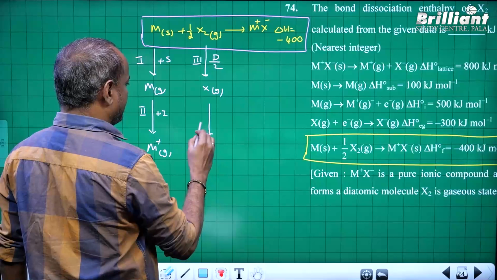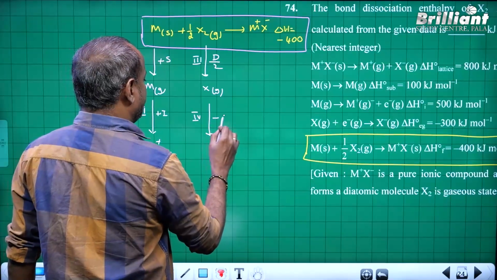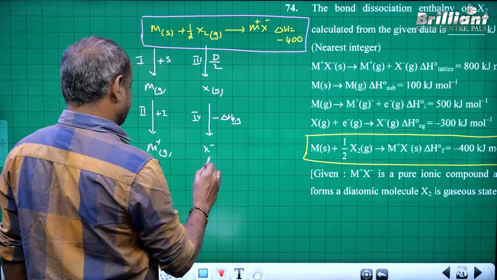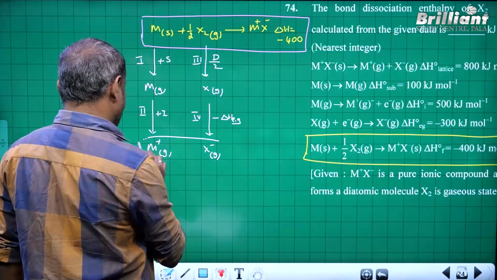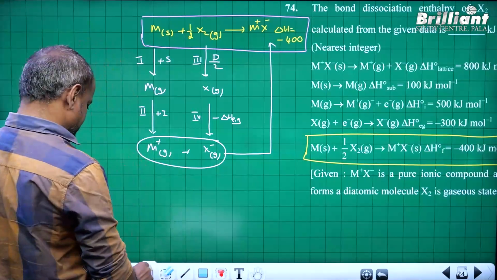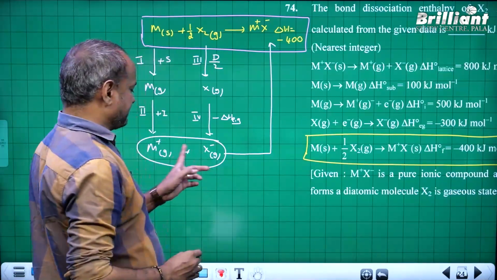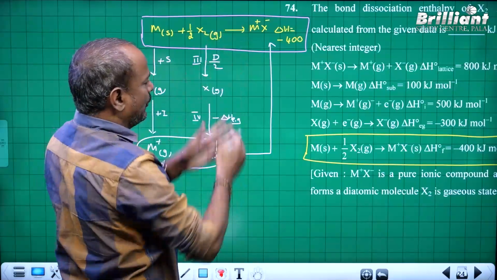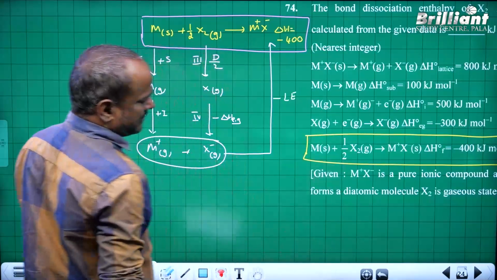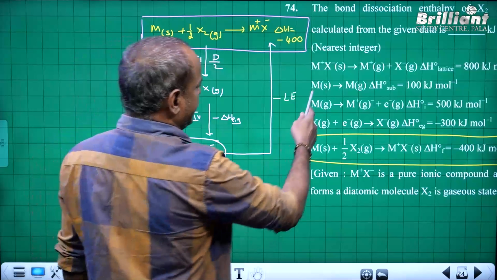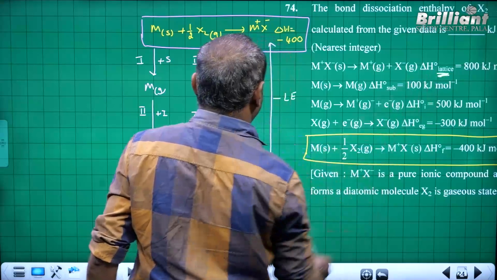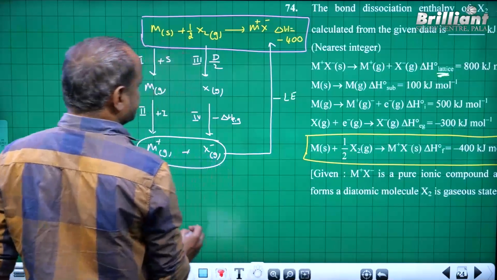Electron gain enthalpy, fourth step, minus delta H Eg, that is X minus. Now these two ions combine to form the crystal lattice. Energy is released, because ions combining to form a compound releases energy, minus U or lattice energy, Le. It is the reverse of the given dissociation of the lattice. So delta H lattice, the lattice energy.